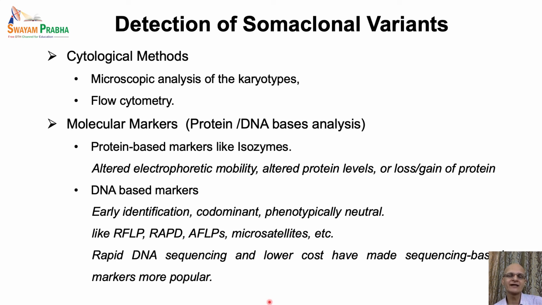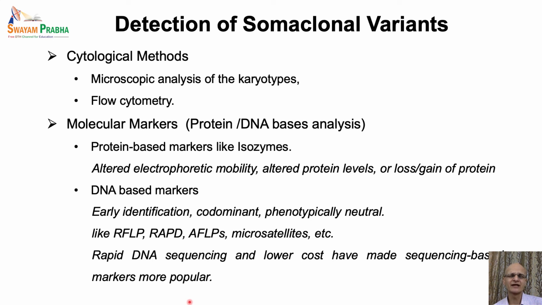However, because of the improvement in DNA sequencing technology, the availability of rapid DNA sequencing technologies, and the sharp drop in the sequencing cost over the last few years, sequencing based analyses are outperforming all other types of markers and are more popular now. However, PCR based markers are still popular and can be used to score the variants easily.